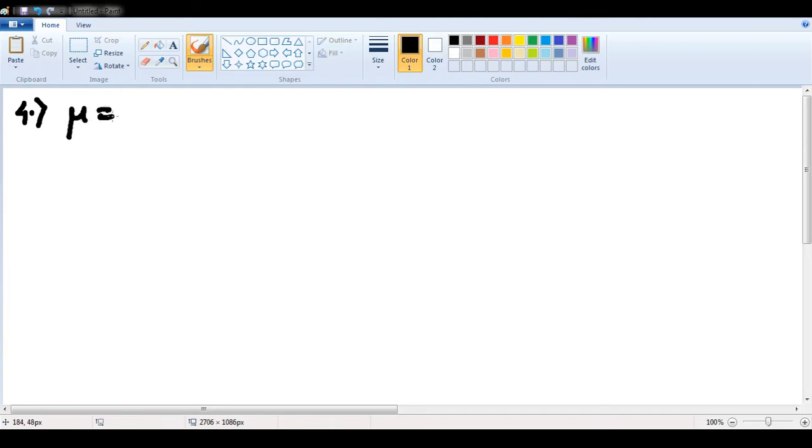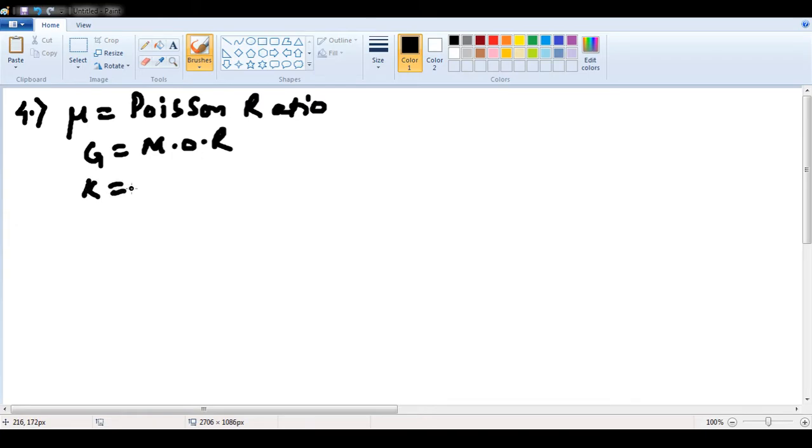If mu is Poisson's ratio, you know all, G is modulus of rigidity, and K is bulk modulus. This is a very easy question.